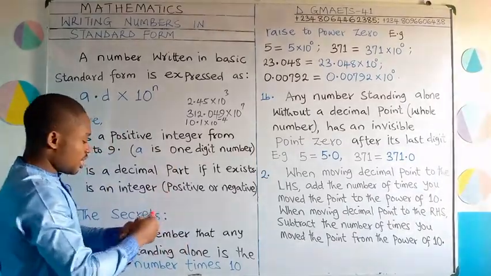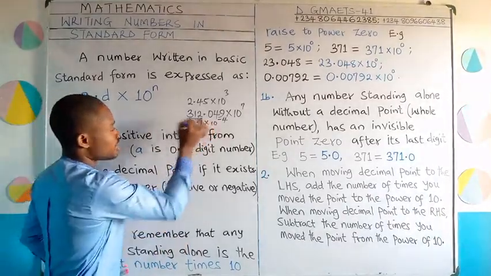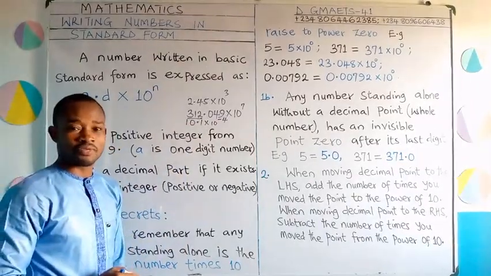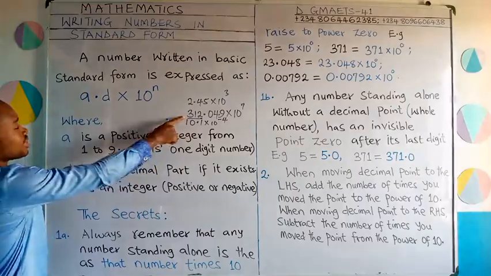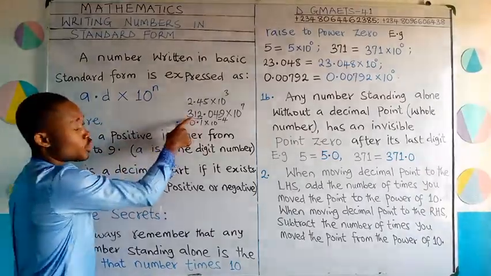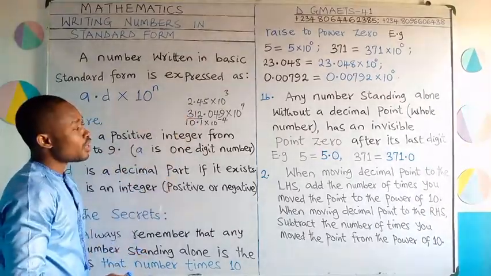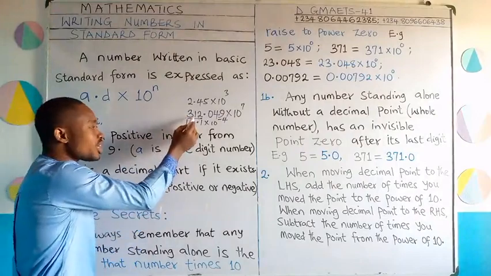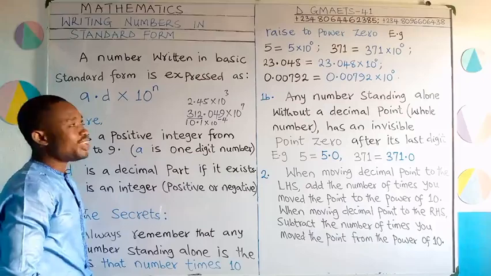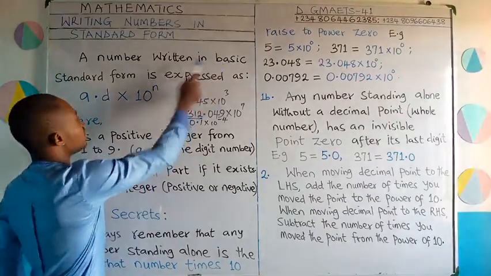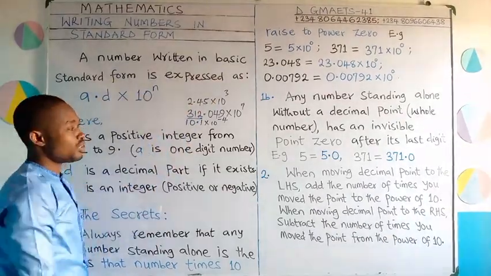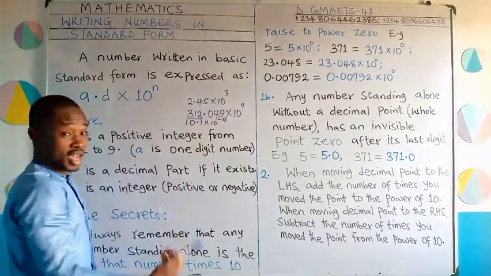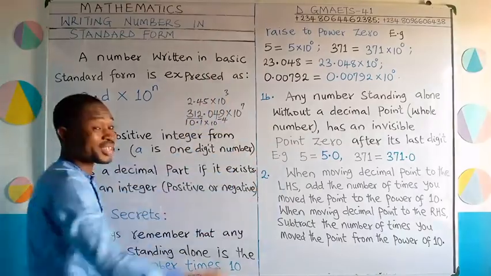Now, this 312 is not in its basic form. Because looking at this, A represents 312 here. Are you following, right? And this 312 is not a 1-digit number. Therefore, it is not in its basic standard form. It's true, the thing is in standard form, yes, because we have times 10 raised to power something.